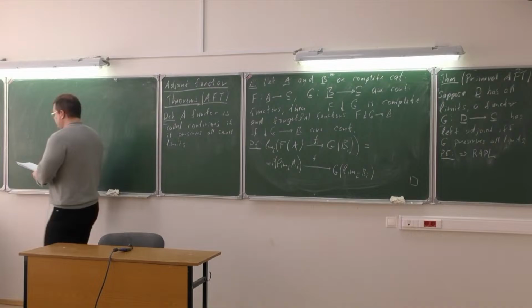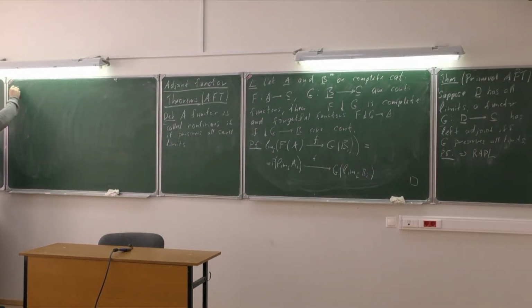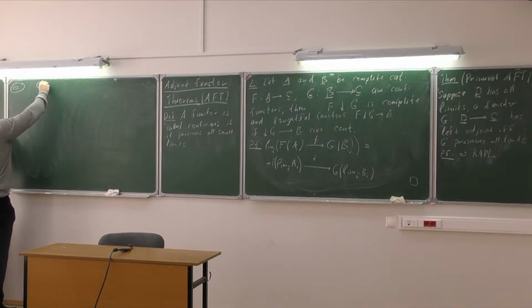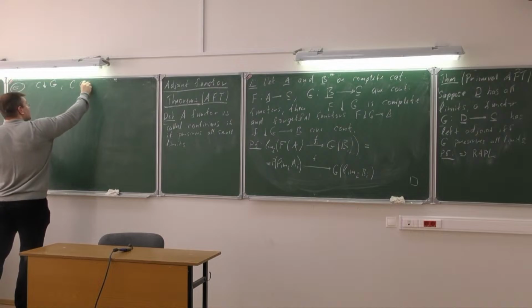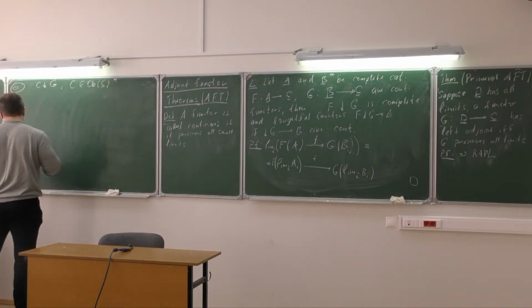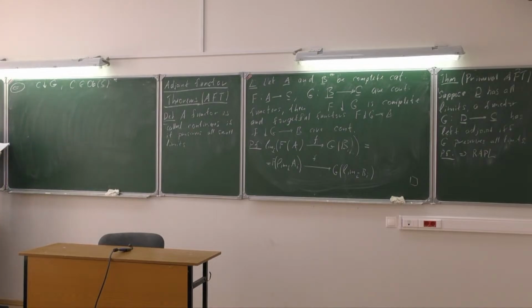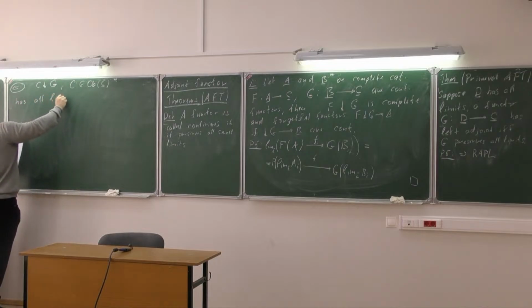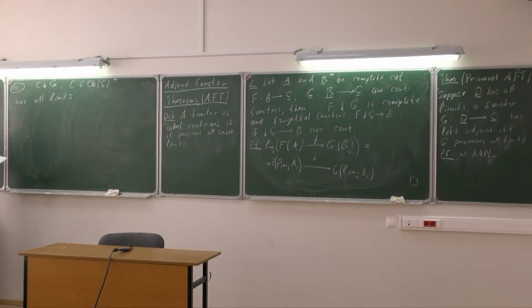Now in the other direction, well, we can take the comma category for some object C and the functor G. So here C is just an object in the category C. And in this category, well, this category has all limits, right?